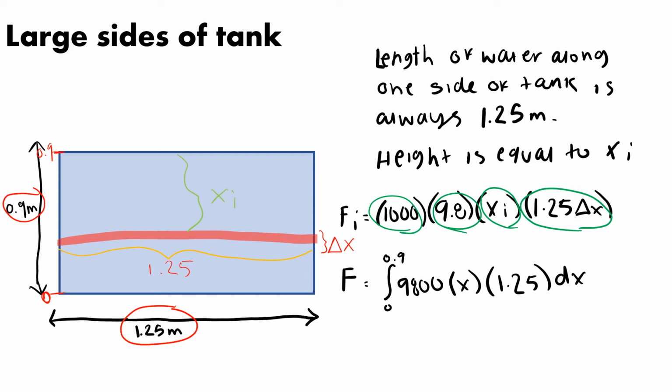And to find the force for the entire side of the tank, we will have to integrate from 0 to 0.9 meters. And it's the same as the slice. So 1,000 times 9.8 equals 9,800, times x, which is the depth of the water, times the length, which is 1.25, and we are integrating with respect to x.